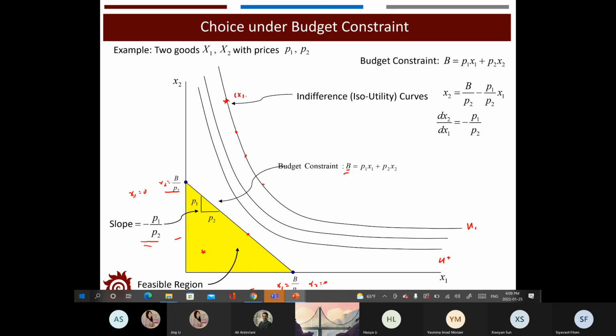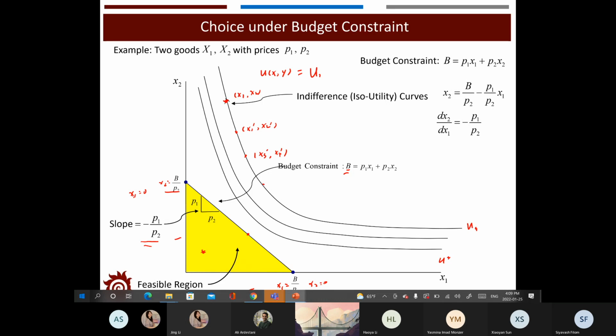This is x1, x2, and this is x1 prime, x2 prime, and so on. Those are different combinations of x1, x2, but if you put them in the utility function u(x,y), they will all give you the same value, u1.